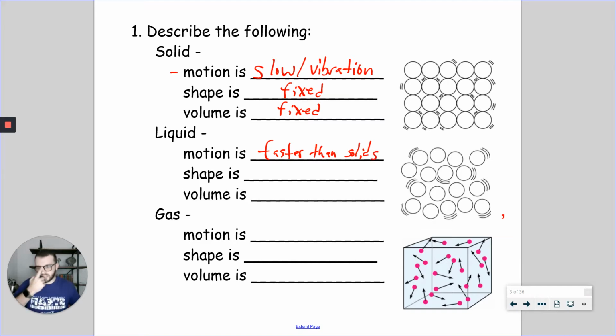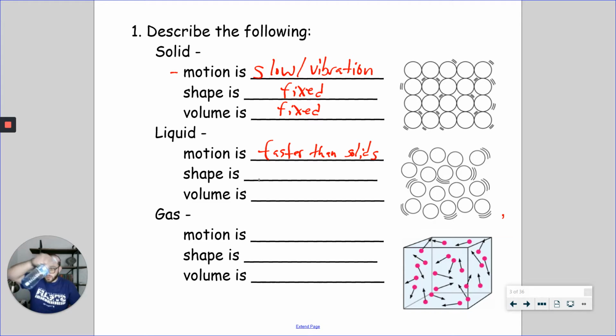Think of it almost like a pit of snakes, just a bunch of snakes in a pit, and you see them going all over each other. That's what the particles in a liquid are doing. They're just flowing around each other. They're not moving really fast, but enough to where they can move around each other and be pretty malleable.